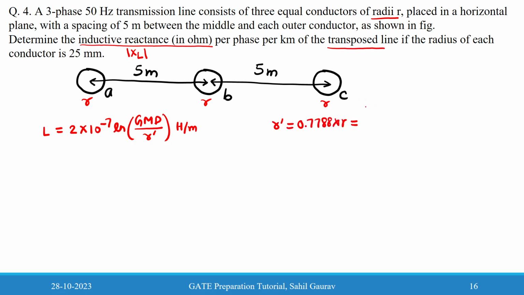So that is 0.7788 into 0.025 meter, because the radius is given as 25 mm, which is 25 into 10 to the power minus 3 meter. So this is the r.